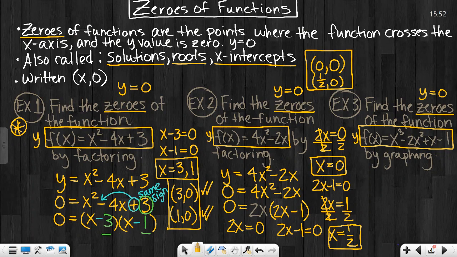So that is how you find the zeros or the roots or the x-intercepts of a function. They're also called solutions from time to time, so you will see that. But hopefully this helps you a little bit with the idea of the functions and how to find their zeros and their x-intercepts.